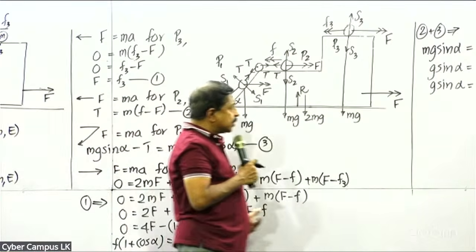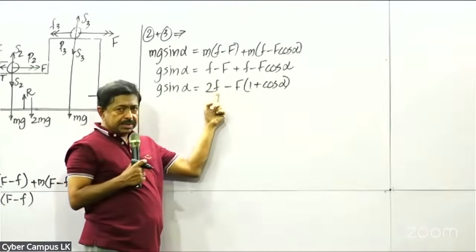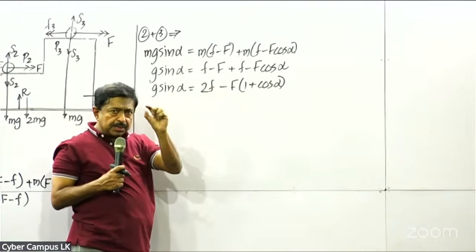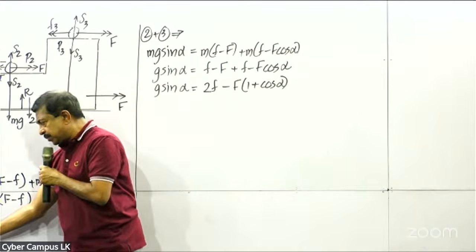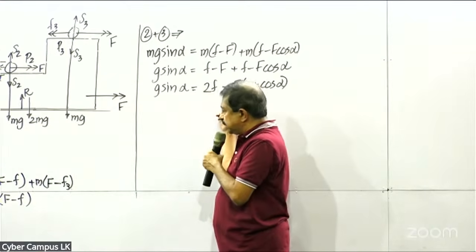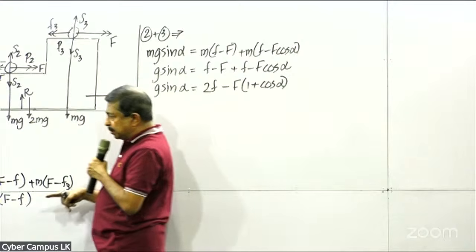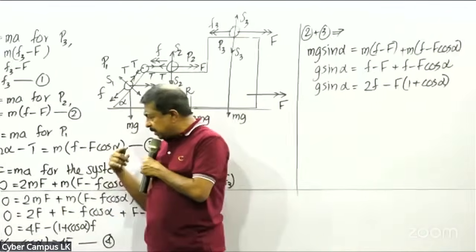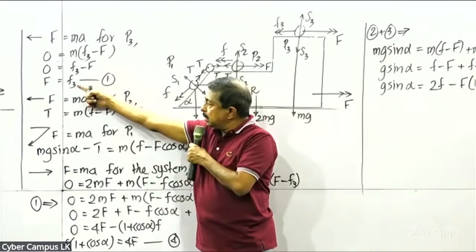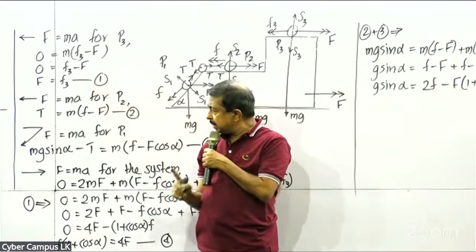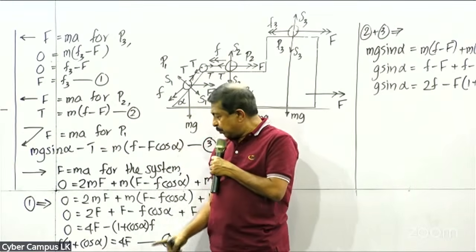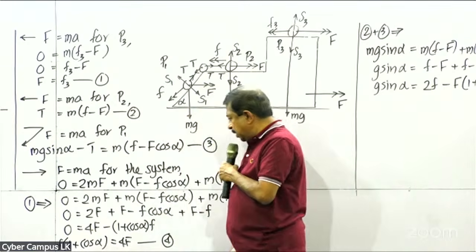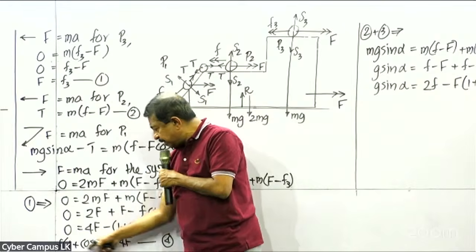Now, if you replace this guy by that, the only variable remaining in that equation will be capital F. Now, you have two equations. Now, it's a simple case. You have two equations and two variables because the other variables were eliminated. F3 was the first variable to be eliminated. Then we eliminated T. Now, two remaining, capital F and simple F. Now, simple F is 4F divided by this.